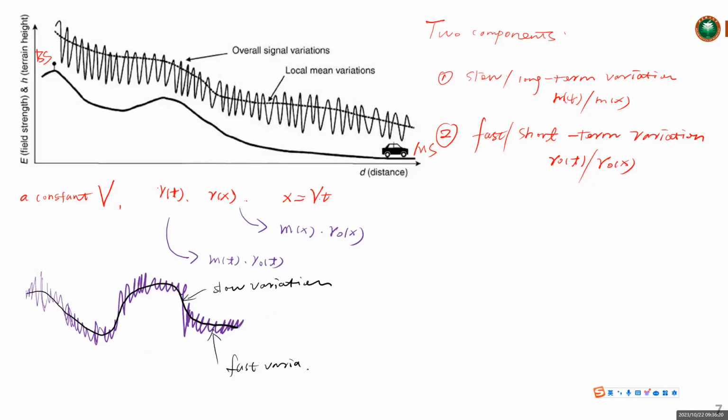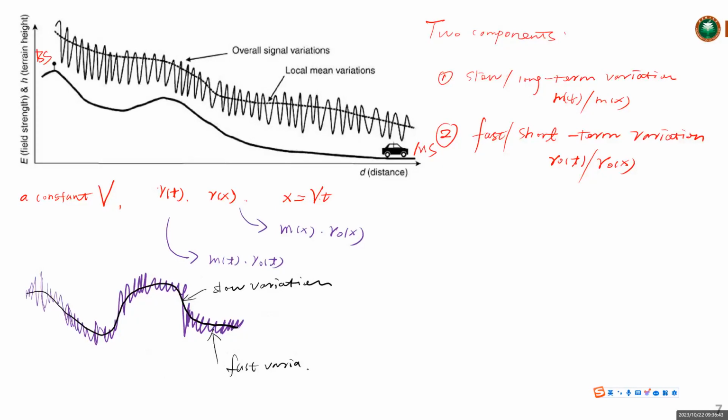We can use a filter to extract that, right? By using this approach, we make the fast variations superposed on the slow variation, and we can get an actual signal here.